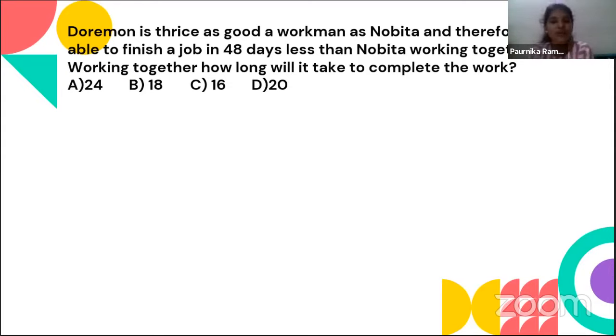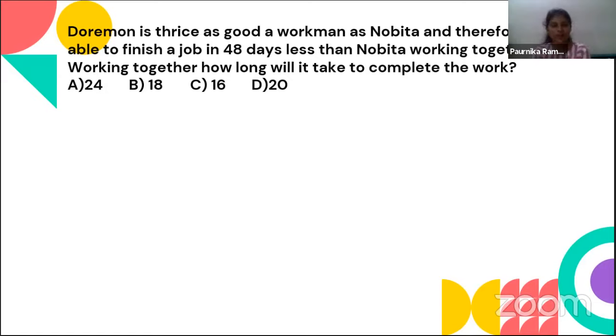So Doraemon is thrice as good a workman as Nobita. So the efficiency of Doraemon is thrice that of Nobita, and therefore he is able to finish a job in 48 days less than Nobita. Working together, how long will it take for them to complete the work? This is the question.